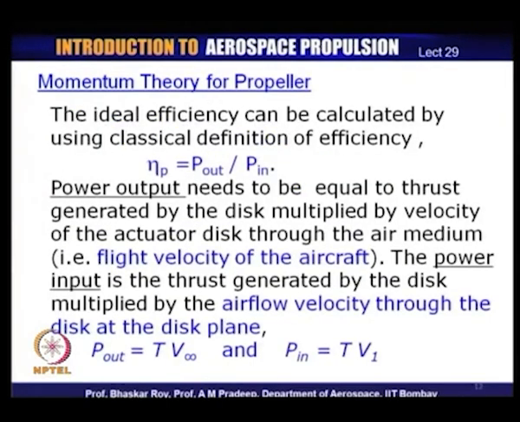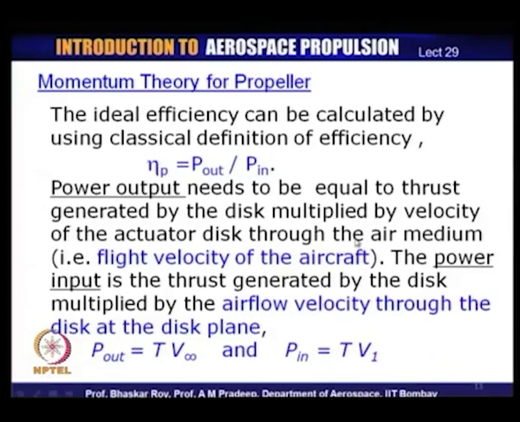The efficiency is normally defined in terms of power output by power input. In our case, the power output of a propeller would have to be the thrust work done by the propeller. Thrust is the final output that the propeller creates, and the input of course is the power input that is coming from the engine.